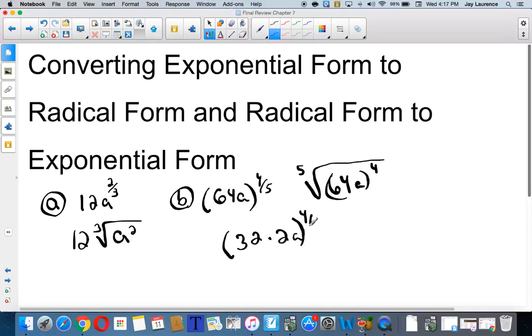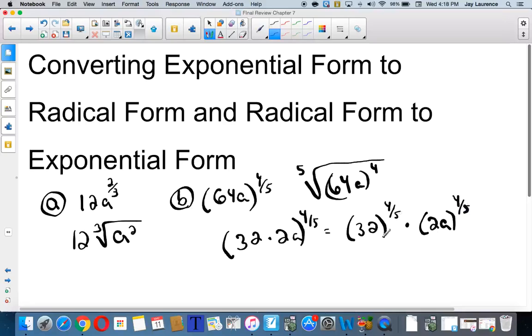I'm going to raise that to the 4/5 power. Then I'm going to break it up into 2 pieces. I'm going to go 32 to the 4/5 power multiplied by 2a to the 4/5 power.